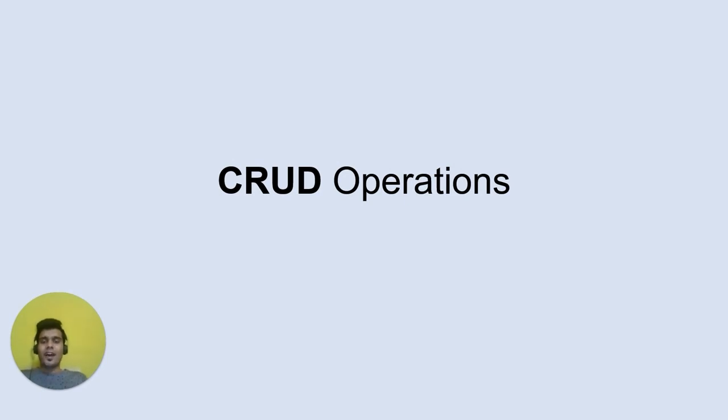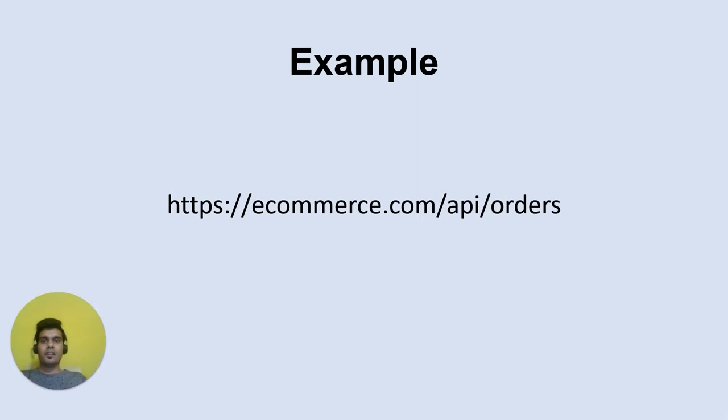Let's understand it with an example. This is an example for a CRUD operation where we need to hit an endpoint. What is an endpoint? So this is an endpoint. HTTPS means that this is the start of our endpoint and it is secured.